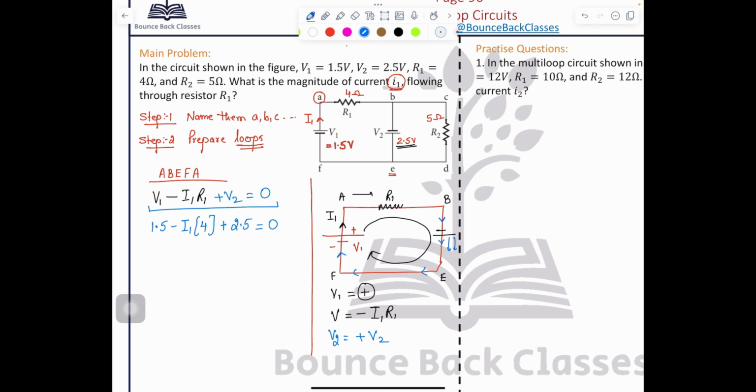So take this value this side. 1.5 plus 2.5, when you take it that side, it will become positive I1 multiply 4. So 4 equals to 4 I1. I1 is equals to 1 ampere. You understand? If you give them the names, prepare the loops accordingly and give them the signs, the question is finished. Nothing much more.